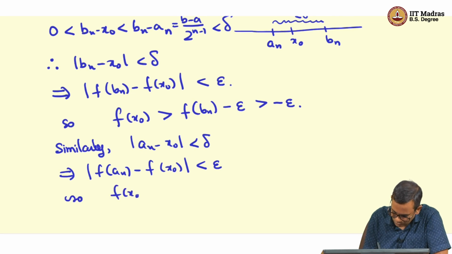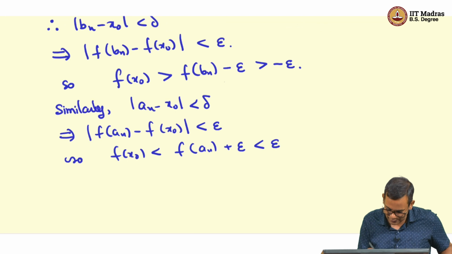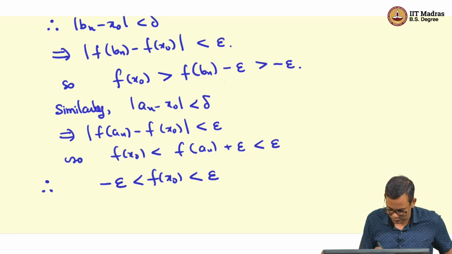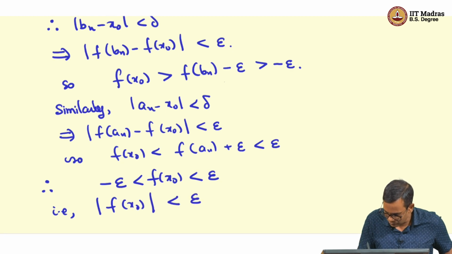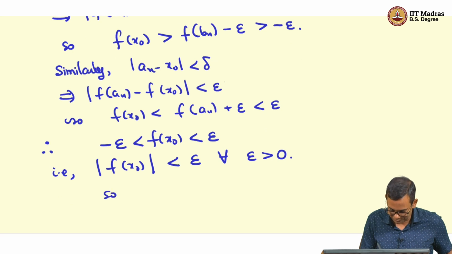So, f of x naught is less than f of a n plus epsilon, but f of a n is less than 0. So, this in turn is less than epsilon. What we have shown with these two arguments is that f of x naught lies between minus epsilon and plus epsilon, i.e., the absolute value of f of x naught is less than epsilon for all epsilon positive. And you know what this means? This means that f of x naught is equal to 0.